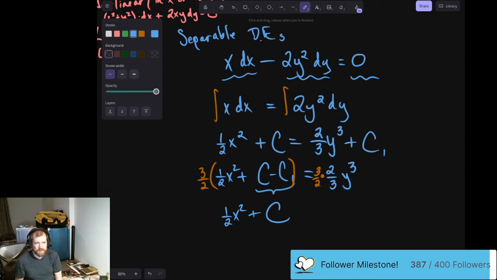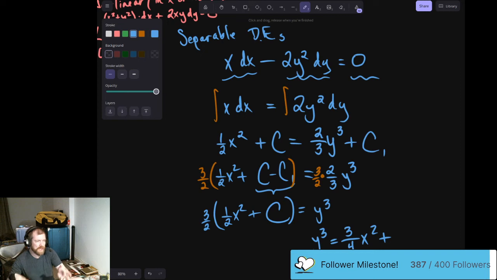And you know what, I already wrote it, let's just do the 3/2 again here, and we'll deal with it on the next one. So y cubed is going to be equal to 3/4 x squared plus, this is going to be 3/2 of the previous constant, which is just another constant. So if you want to just label that as c as well, yeah, that's fine.